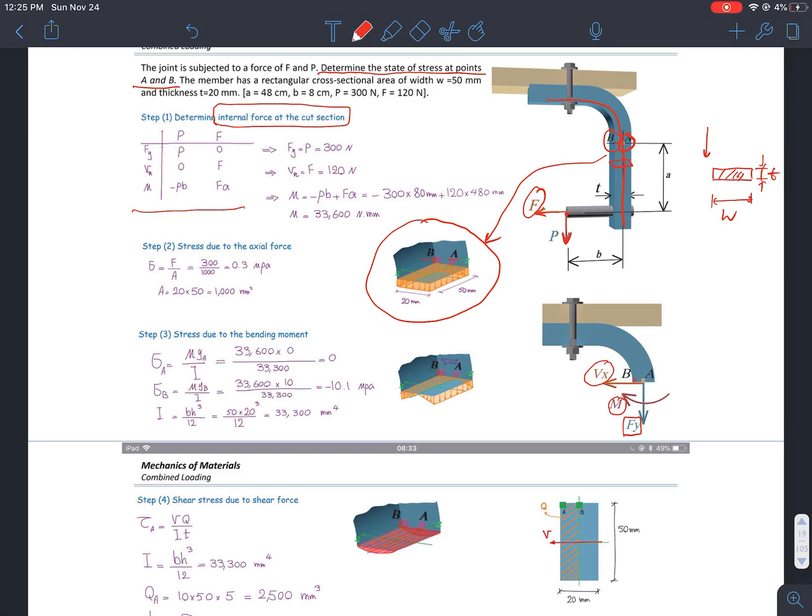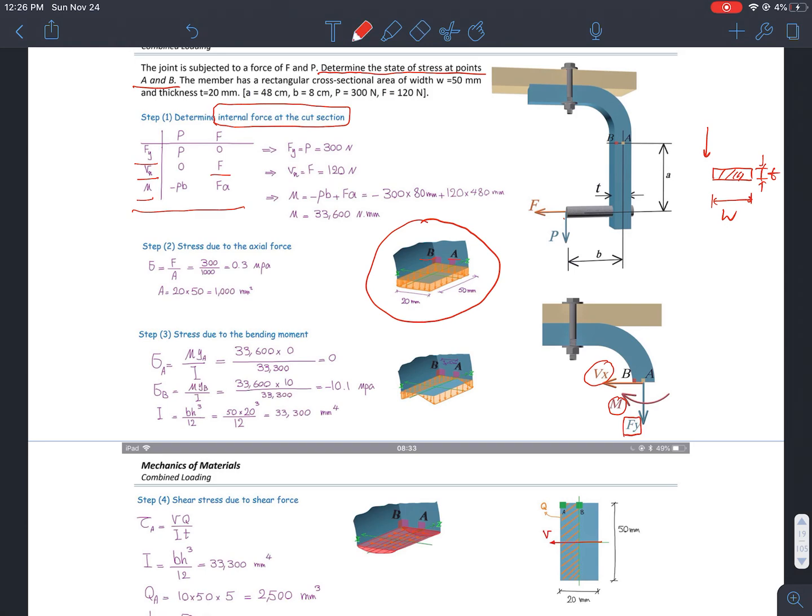I notice that my axial force Fy is basically equal to P, the pulling down force P. I don't have internal axial forces generated by the horizontal force F. I do have a shear force generated by the horizontal force F, but I don't have it from P. I have a bending moment caused by P. So let me erase this so you can see better.